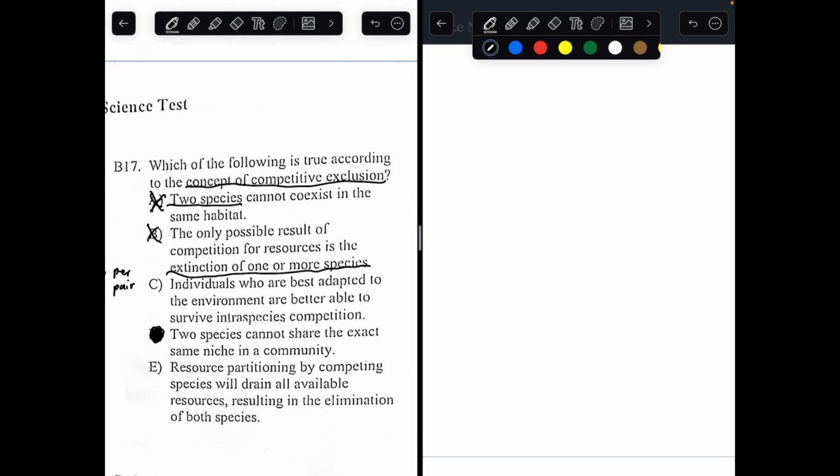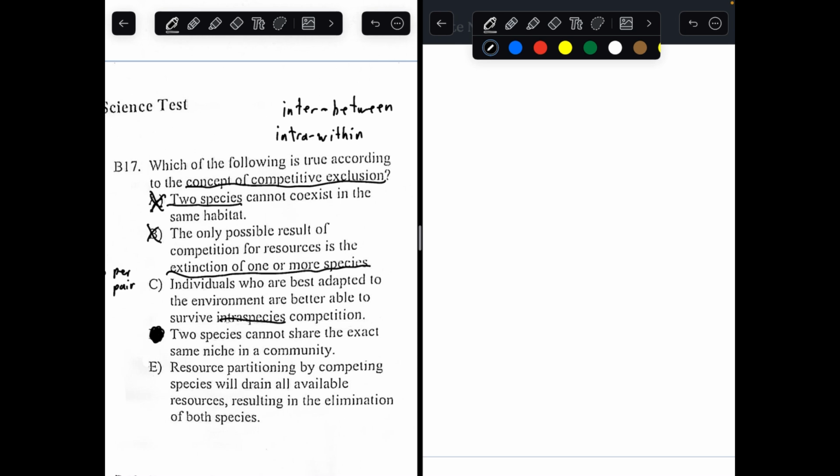C, individuals who are best adapted to the environment are better able to survive intra-species competition. Competitive exclusion has to do with interspecies competition. Remember, inter means between. So interspecies competition is between multiple species. Intra stands for within. Intra-species competition is within one species. So within one species, if individuals are better adapted to their environment, that doesn't necessarily correlate to surviving interspecies competition.